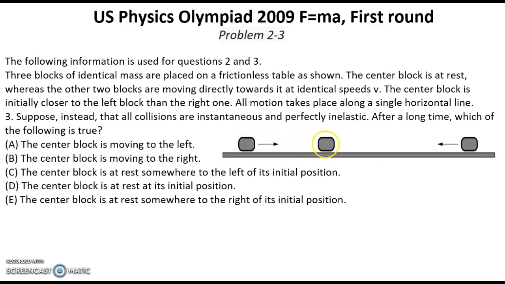After this collision they start to move to the right, and after that they will collide with the right block somewhere to the right of the center block's initial position, and they will stop there. So it means that the correct answer is E. The center block is at rest somewhere to the right of its initial position.